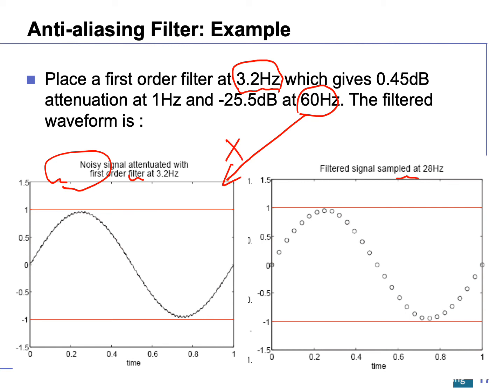And if the high frequency doesn't exist, with 28 Hertz, this is almost 9 times faster, so we won't have any aliasing in the signal. So this actually looks very much like a sine wave.